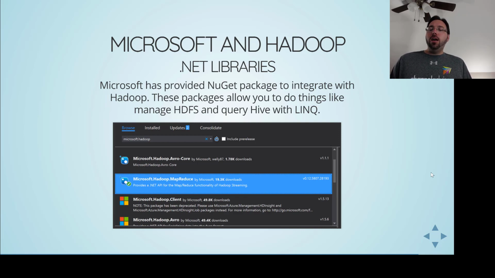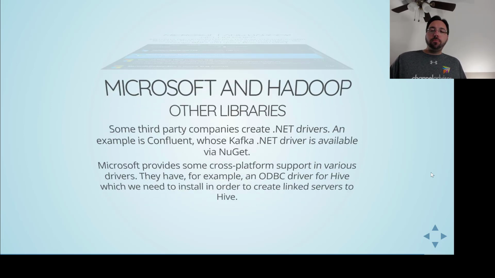This is a nice way of taking your existing .NET code and integrating it with a new Hadoop cluster. There are other libraries around, such as allowing you to query Hive using LINQ, which is .NET's language integrated queries. So you can write fluent C# and translate that into Hive jobs.